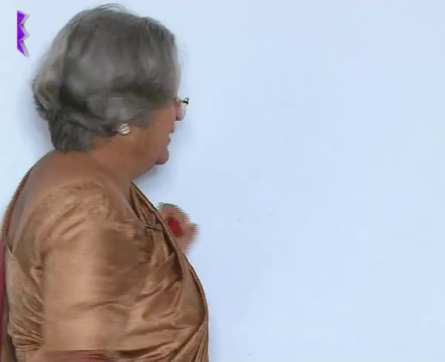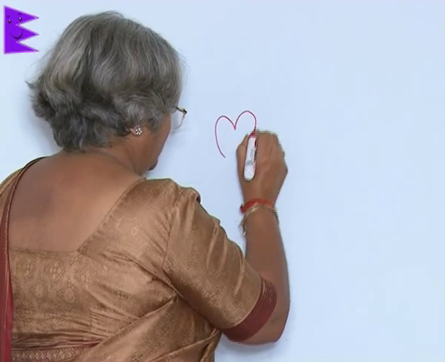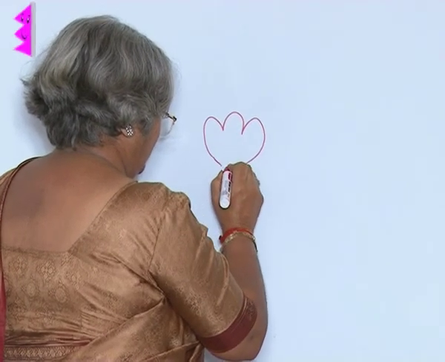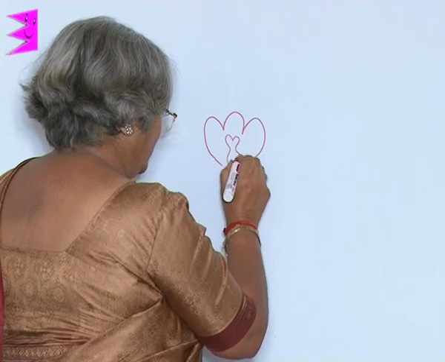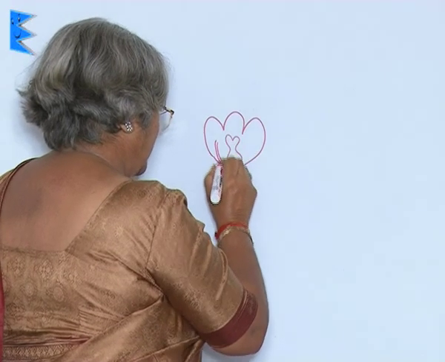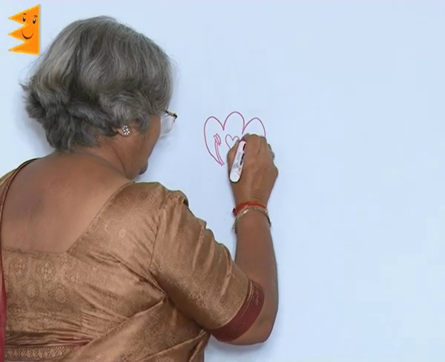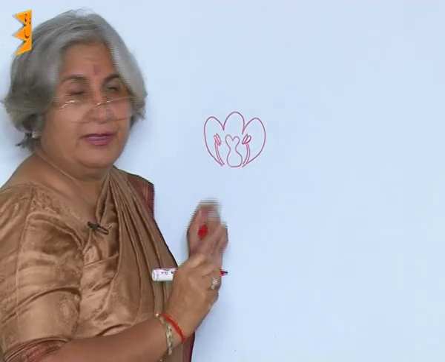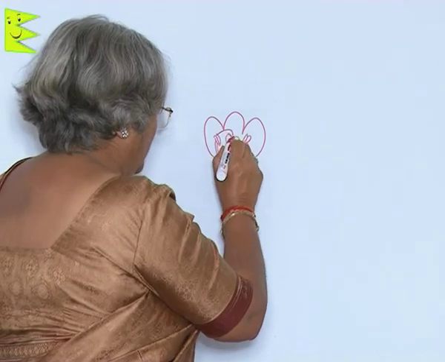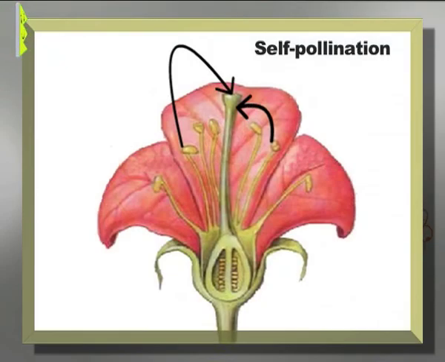Say these are the two flowers. This is the pistil and this is the stamen. Now, if the pollen grains fall on the stigma of the same flower, then it is self-pollination.